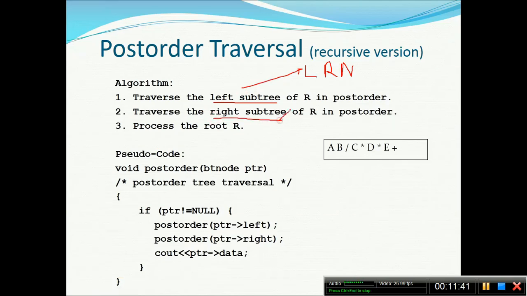Traverse the left subtree of R in post order, and then traverse the right subtree of R in post order, and process the root R. So you process the root R here. This is your end. If you consider the pseudocode, you're calling the post order by passing the left subtree, and again calling the same post order function on the right subtree. Every left subtree is considered as a tree and will be called internally as a recursive call, and then you will process the root.